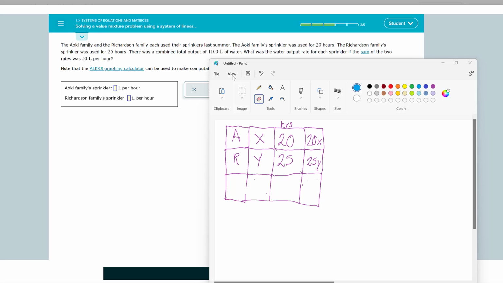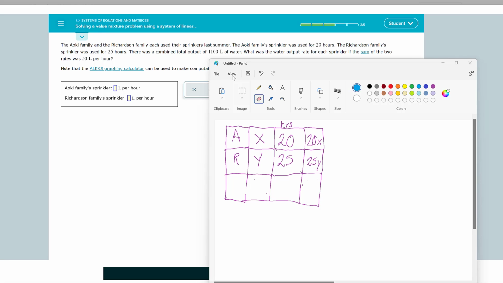So it says the Oki family and the Richardson family each use their sprinklers. So we know there are going to be two families. We'll call the Oki family X, and we'll call the Richardson family Y. The Oki family sprinklers were used for 20 hours, and the Richardson family sprinklers were used for 25 hours.